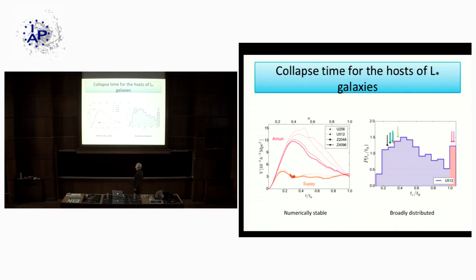In this case, our algorithm would say that this is the collapse time, and for the other object, you actually have to go a bit into the future to find the collapse time. And what you can do is build a histogram of collapse times for halos of the same mass, and it will look like this. Here it just collects the tail that will collapse in the future from today.